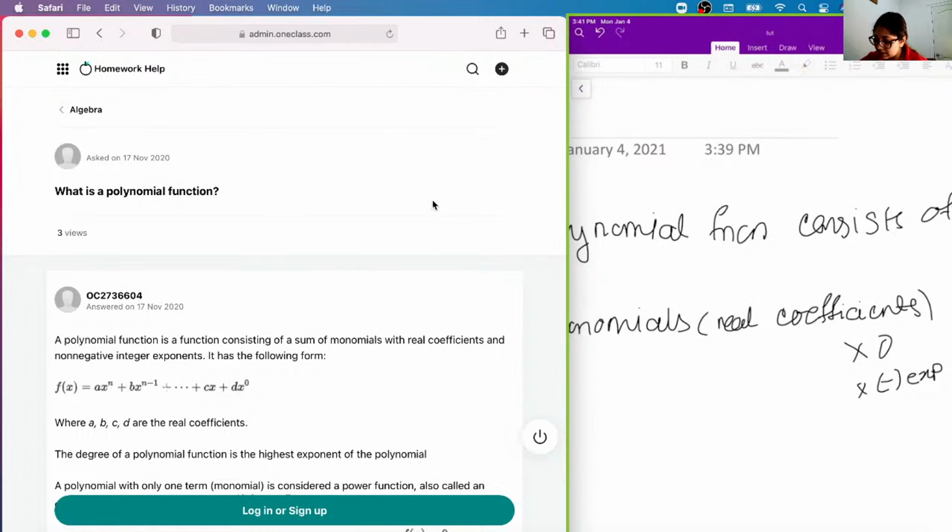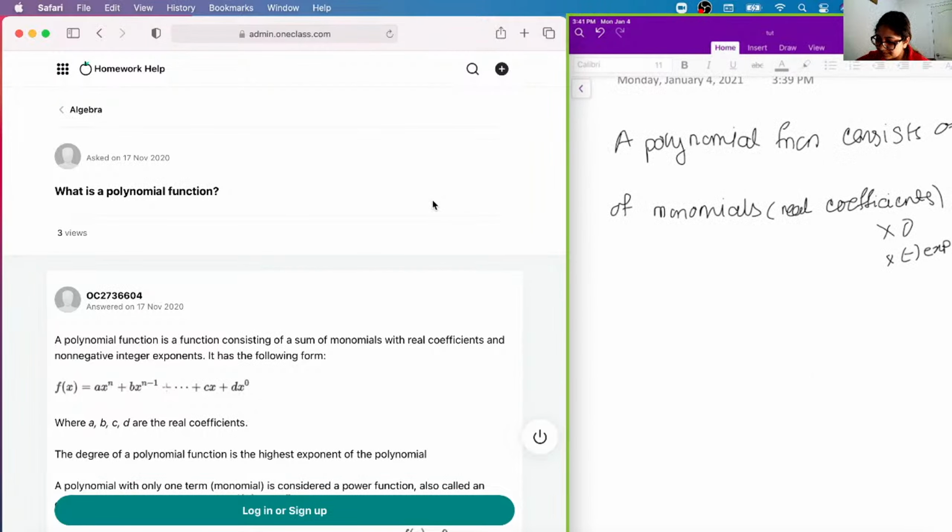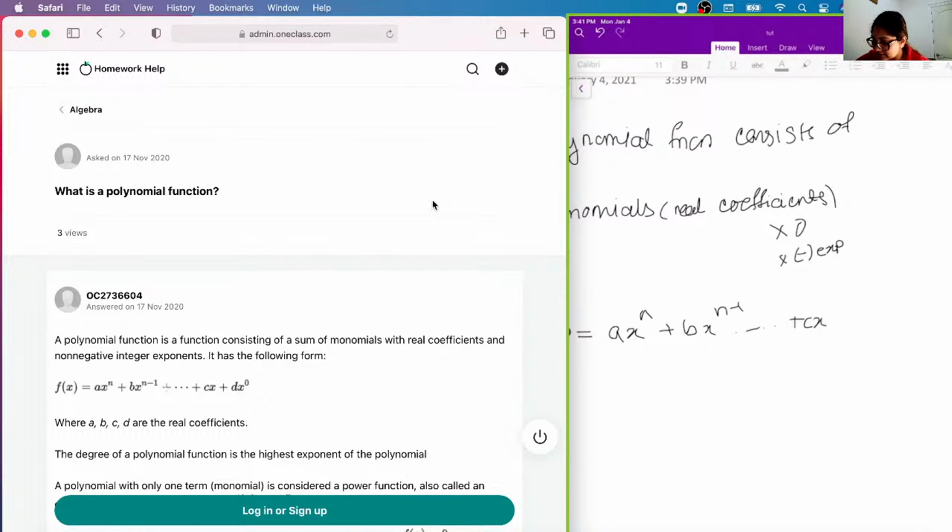So a basic outline of a polynomial function would be, let's say, f of x is equal to a x to the power of n plus b x to the n minus 1, and then you have plus c x, and then you have plus a number.